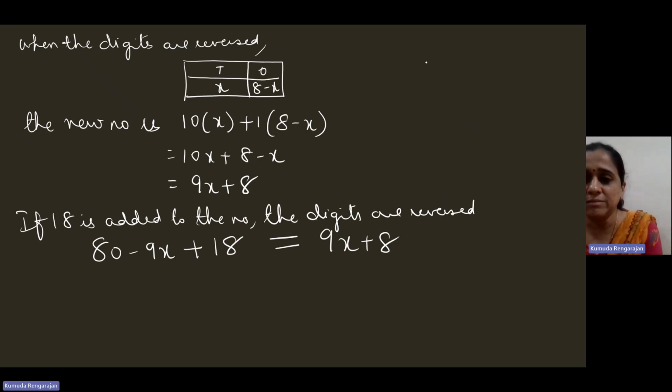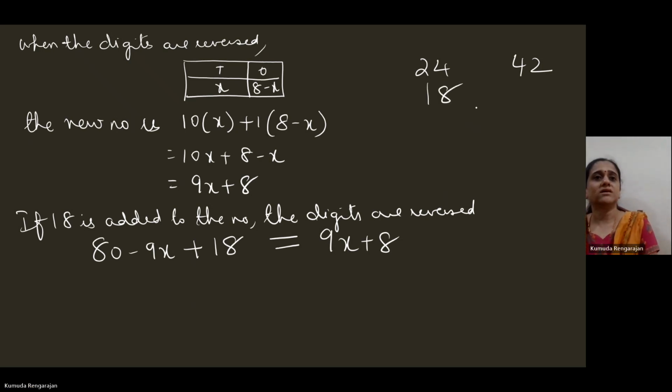See, just consider this example, 24 and 42. What should be added to 24 so that you get 42? 18. Now, when you take these two numbers, 24 and 42, if the original number is 24, when you add 18 to this number, what happens? The sum is 42.